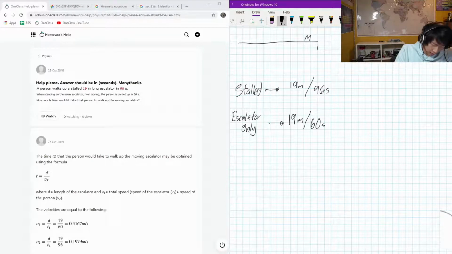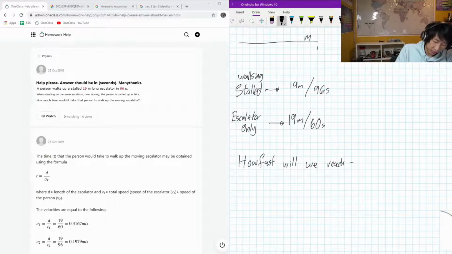So the question is asking us how fast we will reach the destination if walking on a moving escalator.